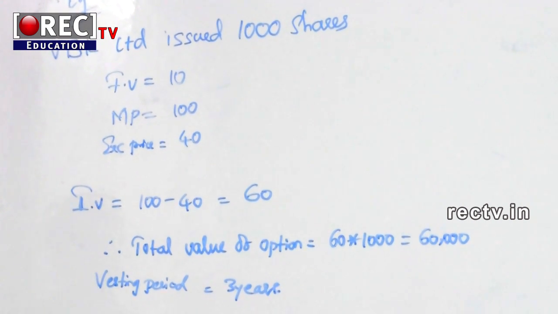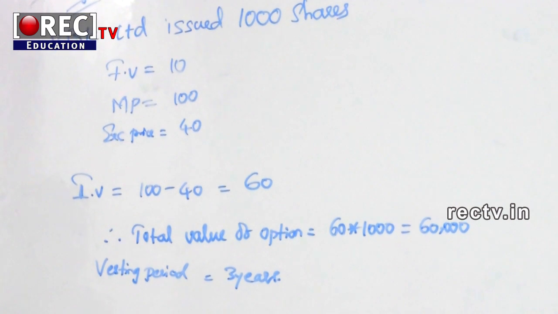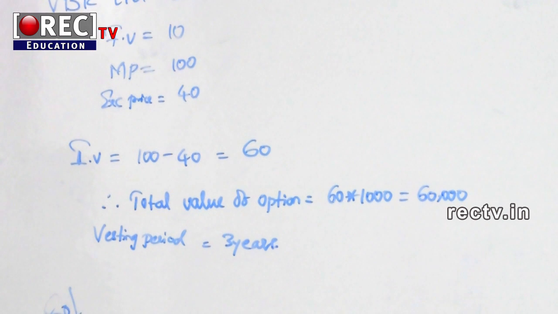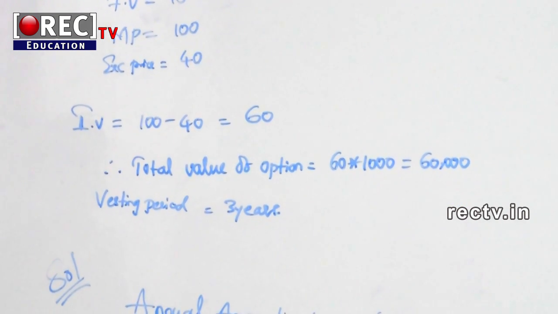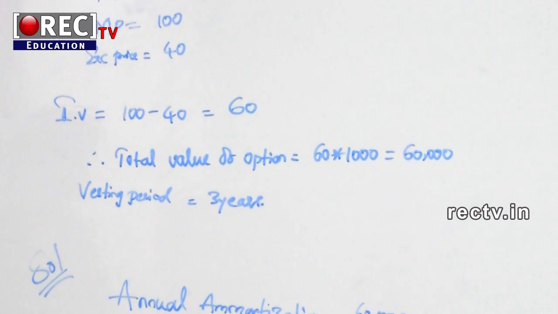Here exercise price means the employee is going to take these shares at 40 rupees. Now intrinsic value is 100 minus 40, that is market price minus exercise price, which is equal to 60. Here the total value of option is 60 into 1000, that is 60,000, and the vesting period is 3 years.